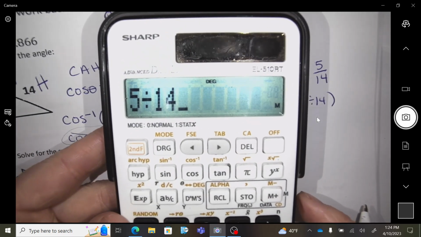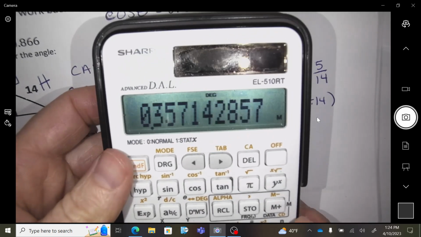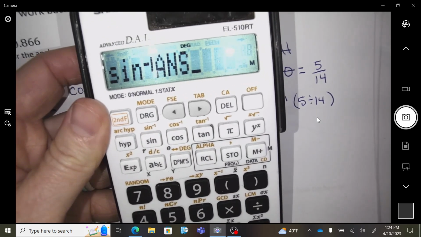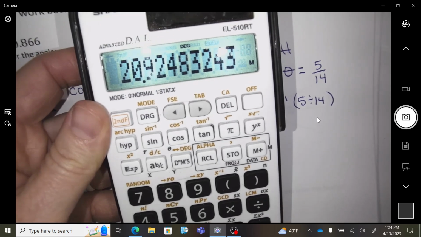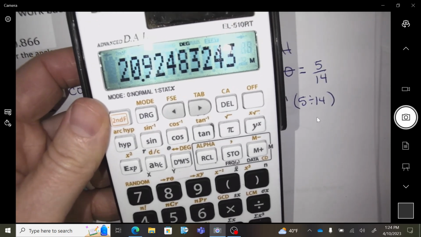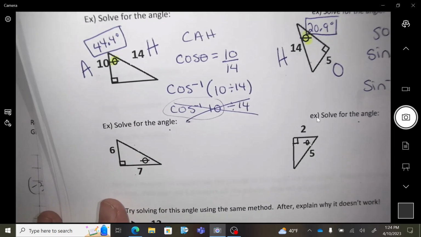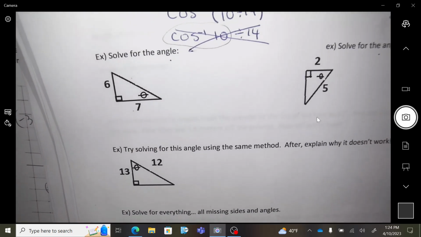If I do 5 divided by 14 and then second inverse that answer, it also would get me there, right? That's another method.